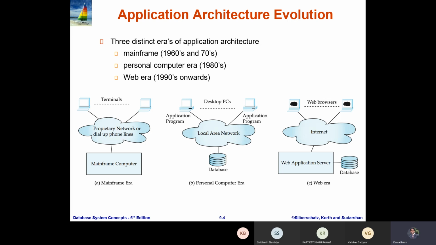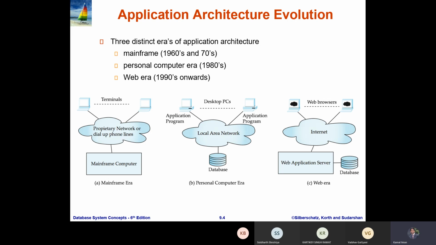In the personal computer era, people use the application program, and we have the database here, with a local area network, LAN. Through desktop computers we can access any kind of information from the database.